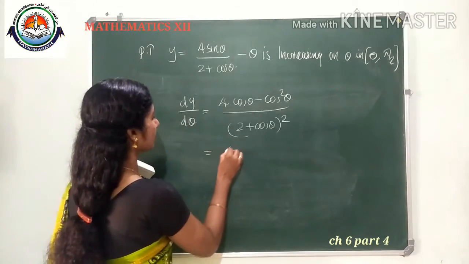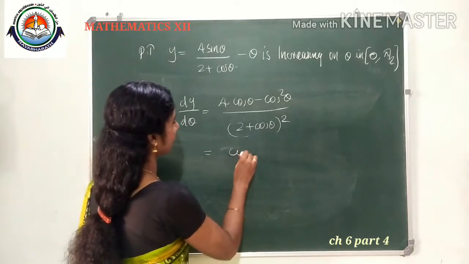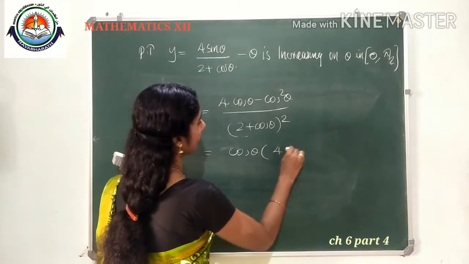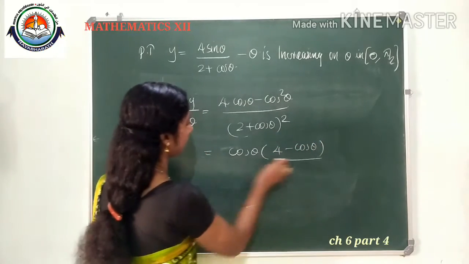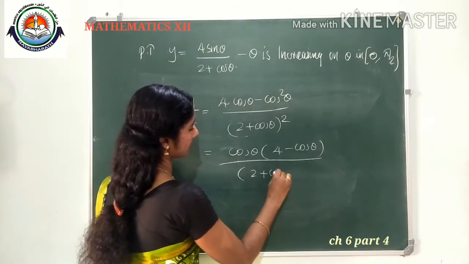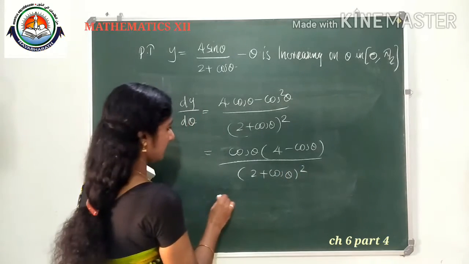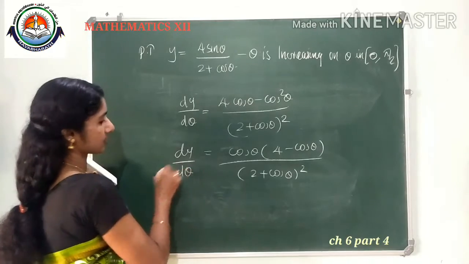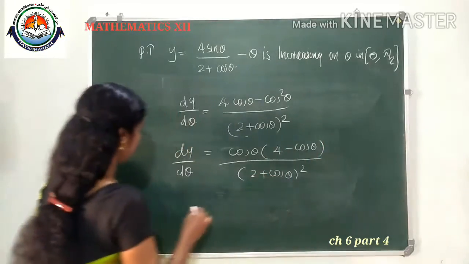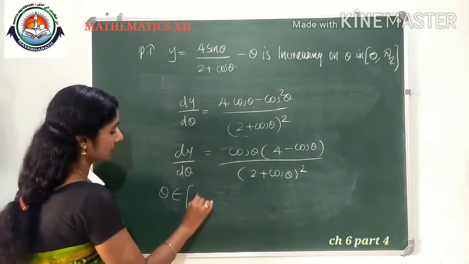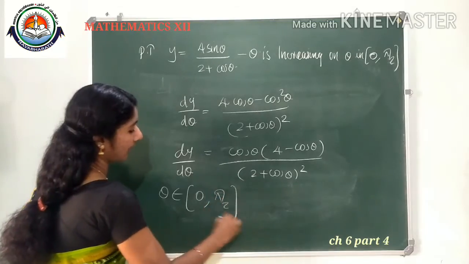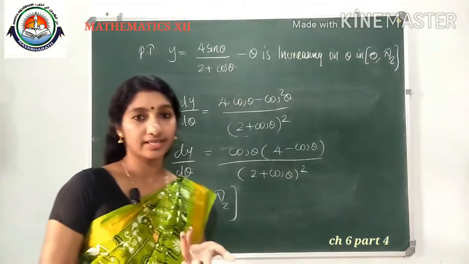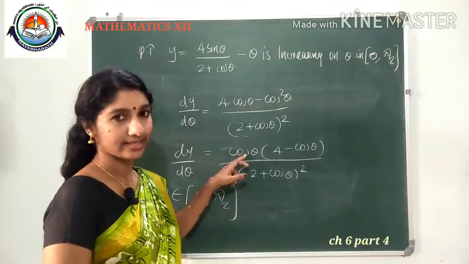Then it is equal to cos theta, we can take it outside, into (4 minus cos theta) divided by (2 plus cos theta) whole square. This is our first derivative with respect to theta. See, it is given that theta belongs to 0 to pi by 2, and you know in the first interval cos theta is positive. So this quantity is positive.